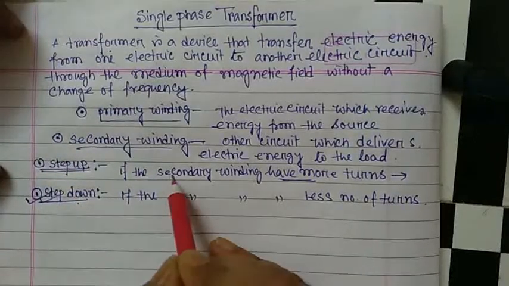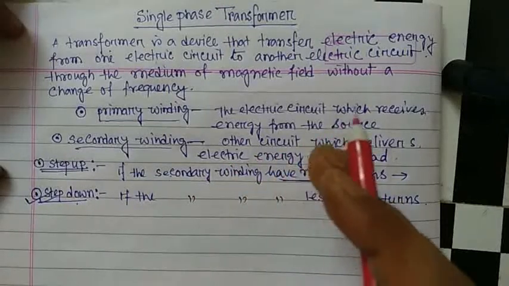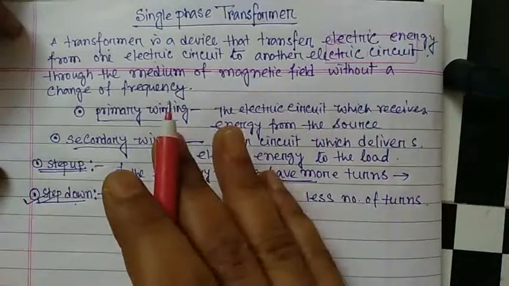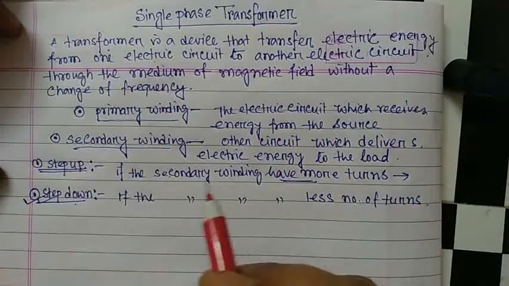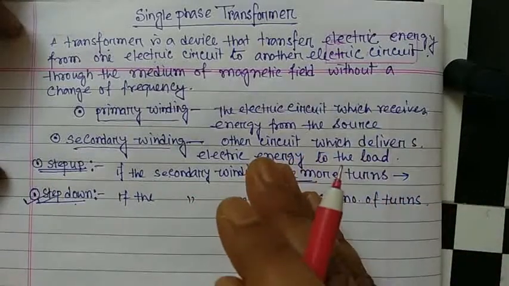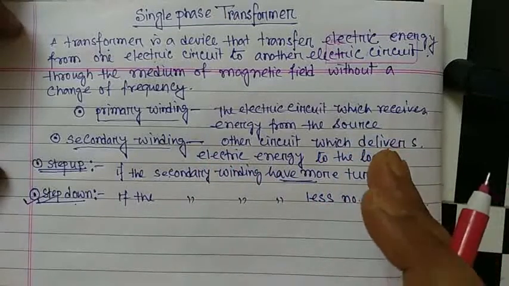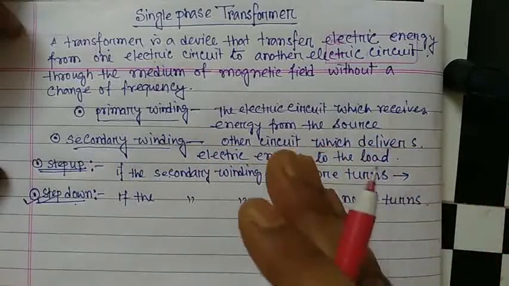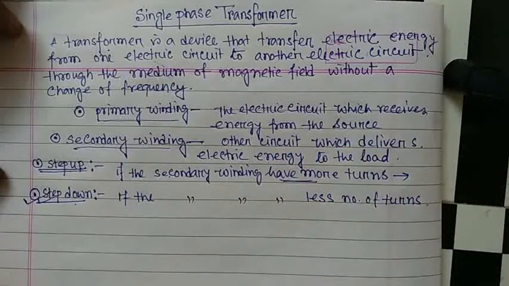If the secondary winding has more turns, its voltage is more than the primary winding, so the system is step up. Again, if the secondary winding has fewer turns than the primary, the voltage of the secondary is less than the primary, that means it is a step down transformer.